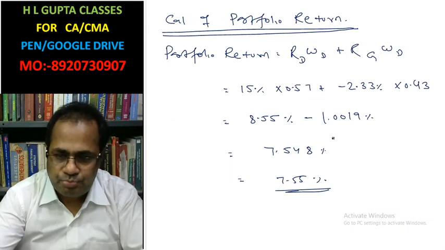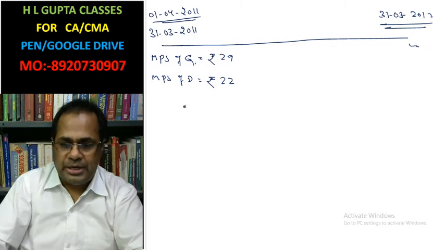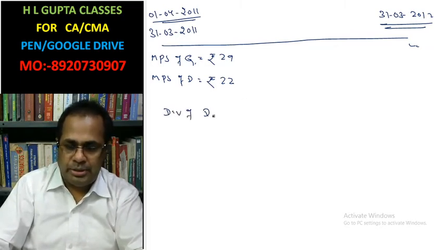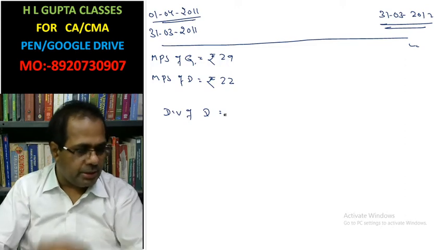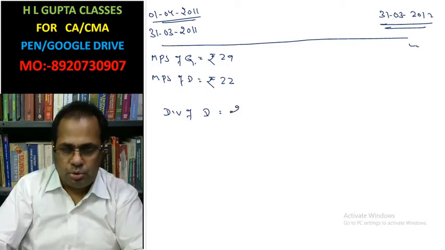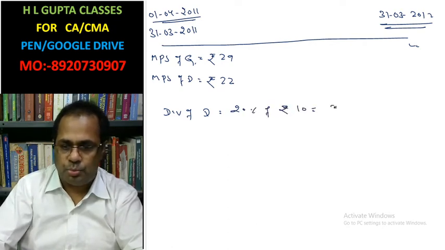Okay, dividend of D, that is 20% of ₹10, that equals ₹2.